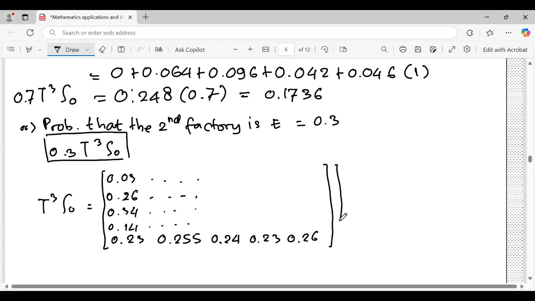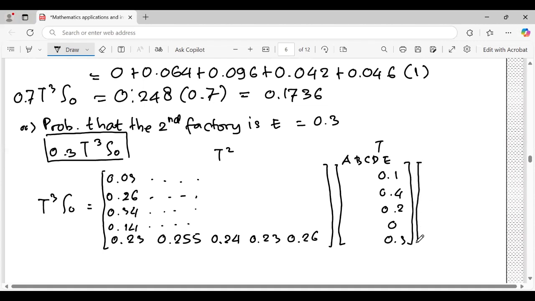Okay, so this is T squared, and this is T, but column E: 0.1, 0.1, 0.4, 0.2, 0, 0.3, and multiply by state matrix 1 equals E to E.